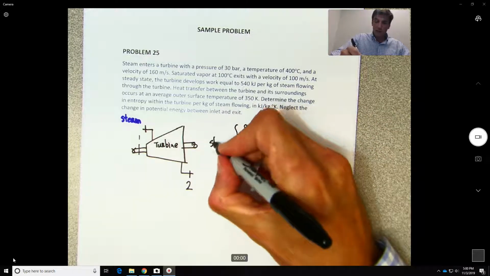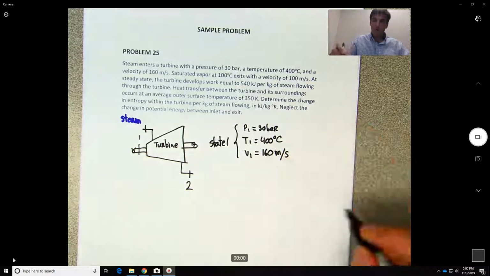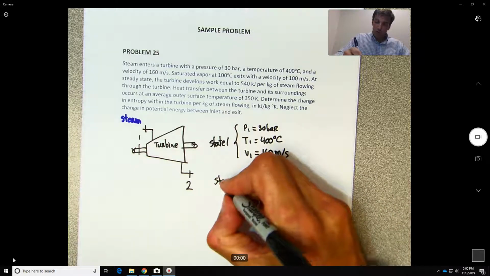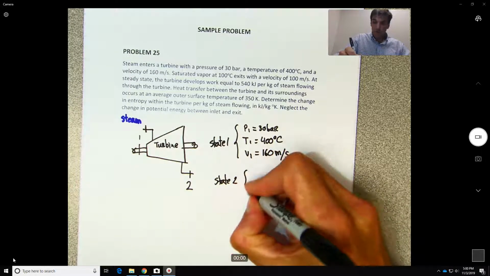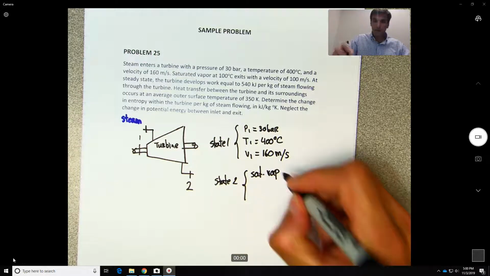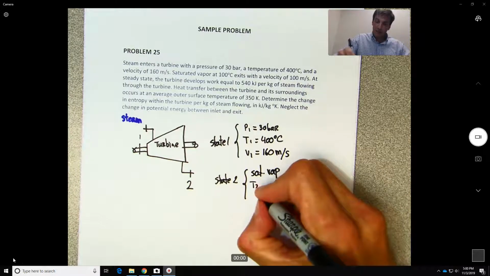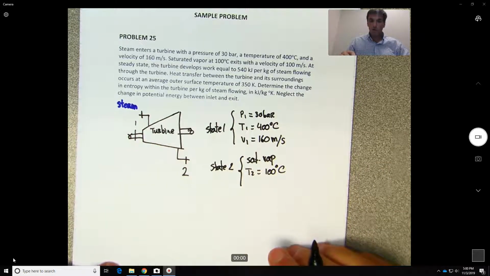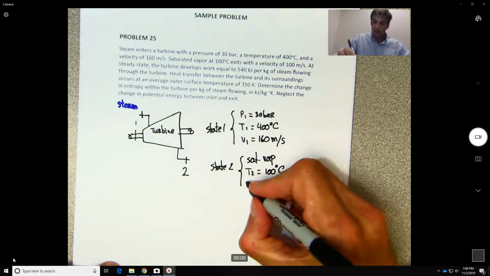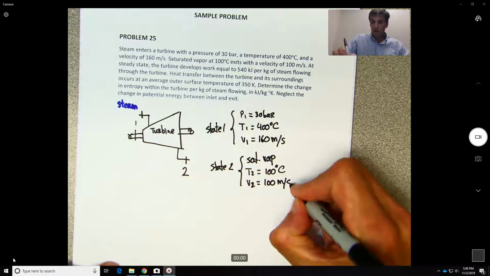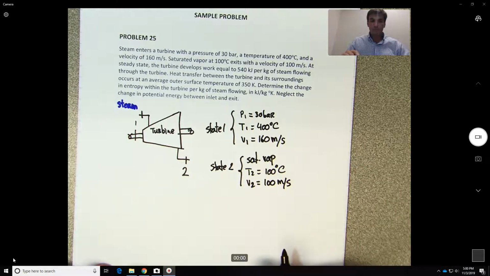So state 1. State 2 will be saturated vapor at T equal to 100 degrees Celsius and exits at a velocity of 100 meters per second.